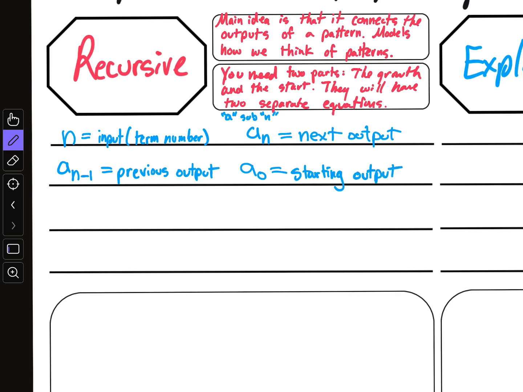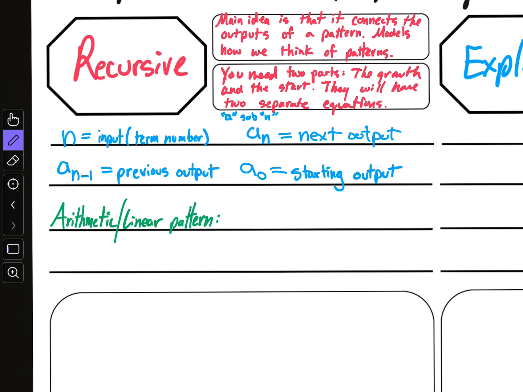Now, the thing about a sub 0, I don't want you to write this down yet. I'll do it later. So we can do recursive equations for both geometric and arithmetic. Let's look at the example real quick of arithmetic, or a linear pattern.